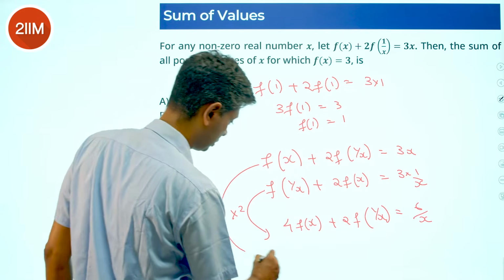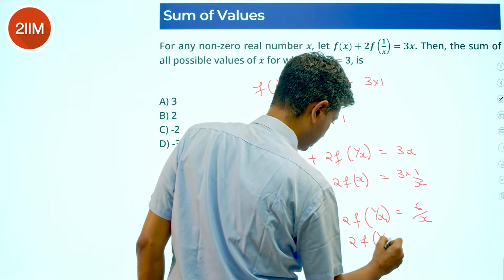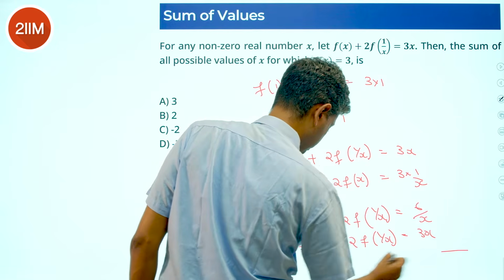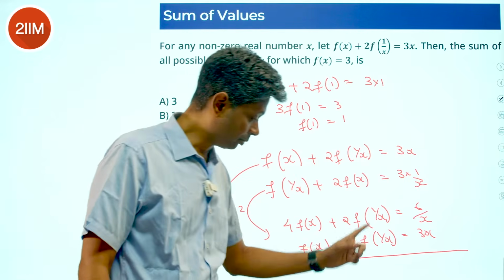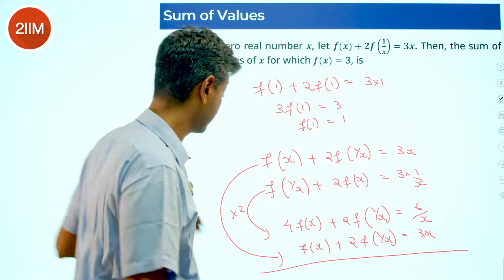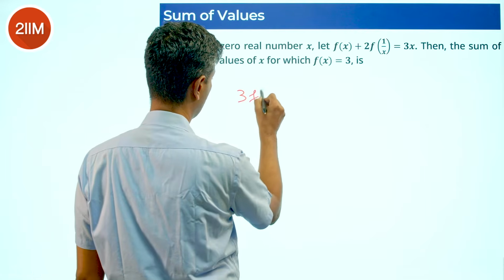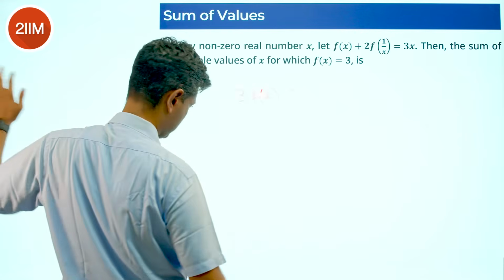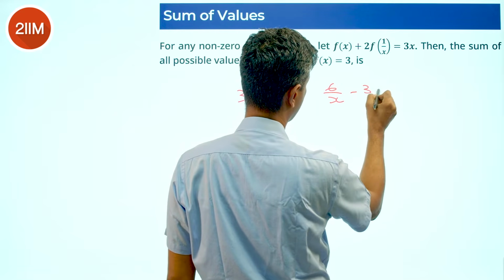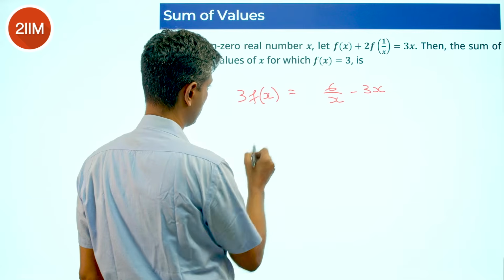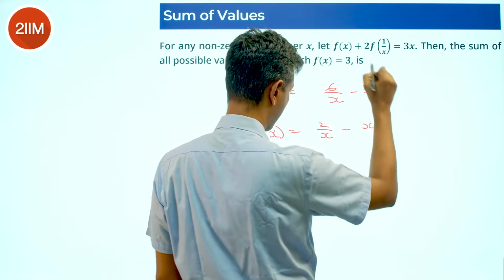This equation is f of x plus 2 times f of 1 by x equals 3x. Subtract one from the other, this disappears. 3 times f of x equals 6 by x minus 3x, or f of x equals 2 by x minus x.